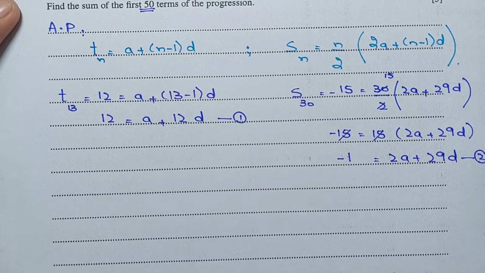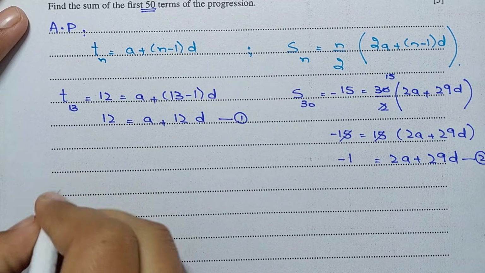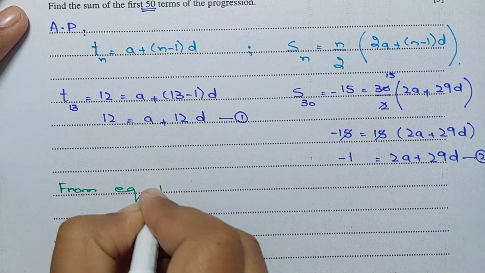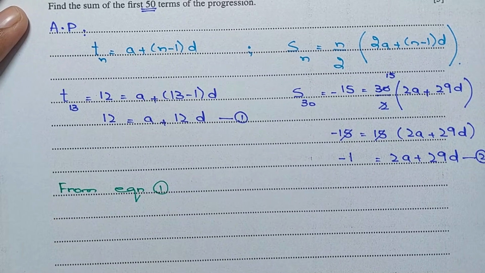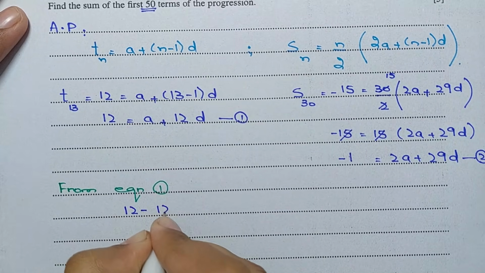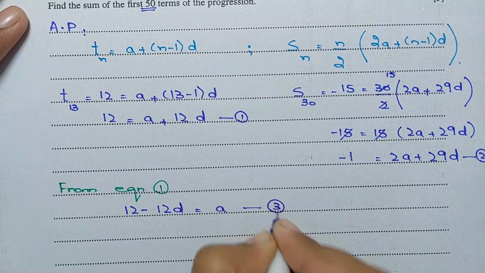Now with the help of these two linear equations, we can get the values of a and d. From equation 1, we can solve for a: a equals 12 minus 12d. That is my equation 3.